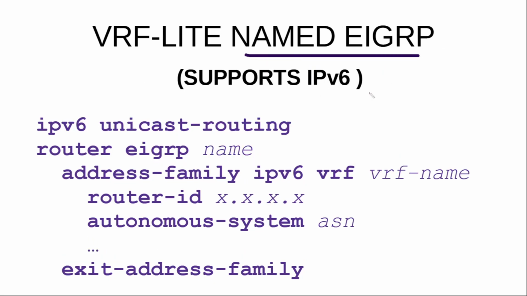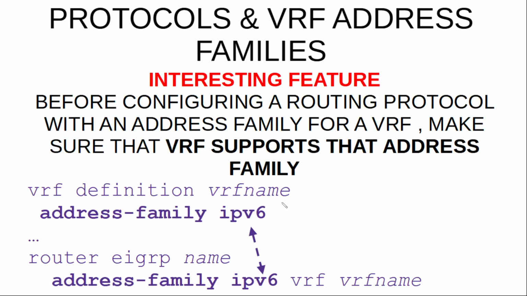Named EIGRP will support IPv6, so you can use address family IPv4 and address family IPv6. Just remember to enable your address families within your VRF definitions. Otherwise, you will not be able to use this address family with this VRF.